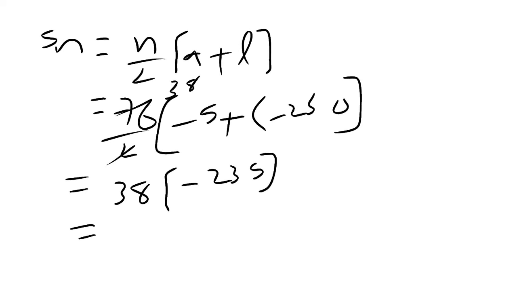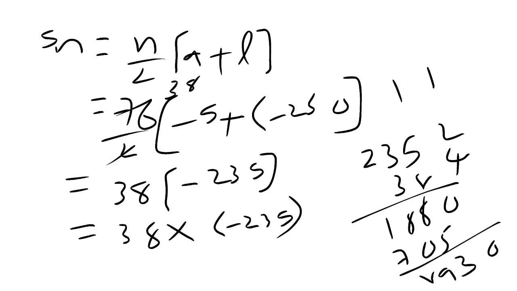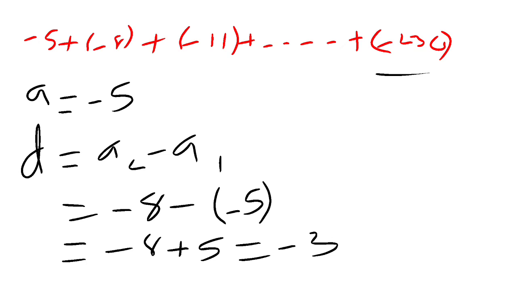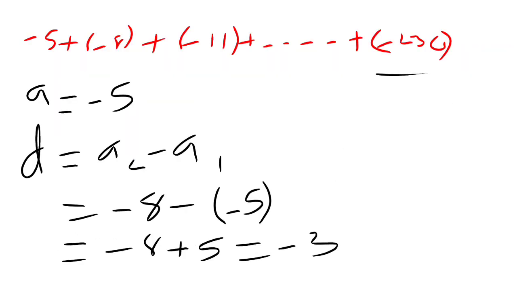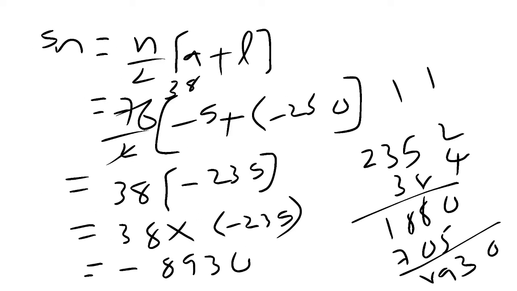So 38 into minus 235 equals minus 8930. So the sum of the 76 terms in the third question is minus 8930.